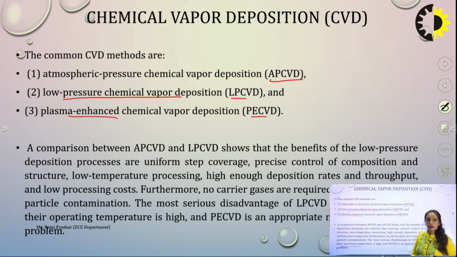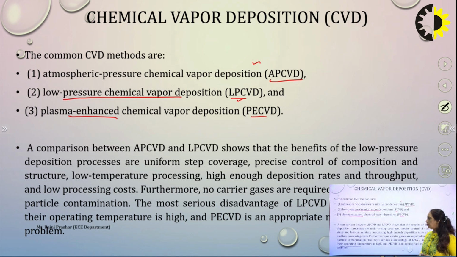As the name indicates, APCVD is generally carried out at atmospheric pressure, and LPCVD will be carried out at slightly lower pressure as compared to atmospheric pressure. And in case of plasma enhanced CVD, some plasma will be used for the deposition of the material.